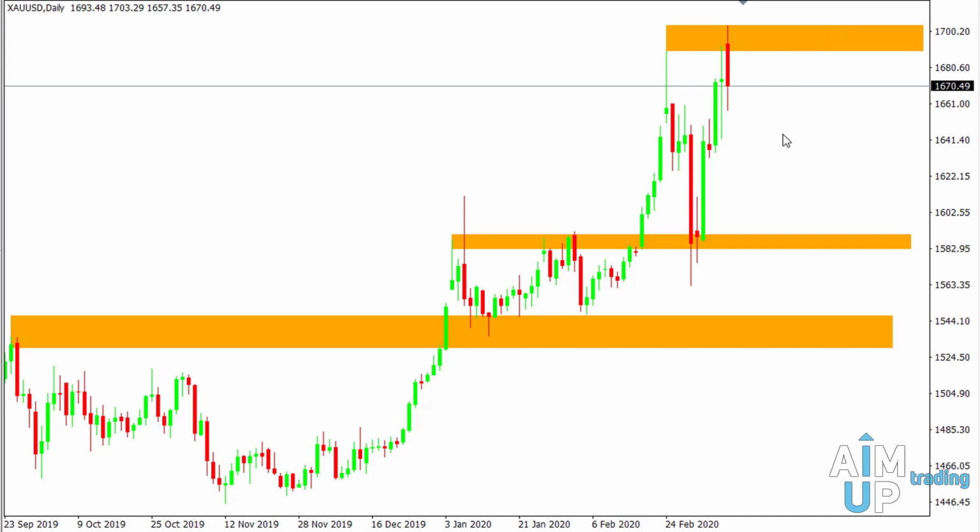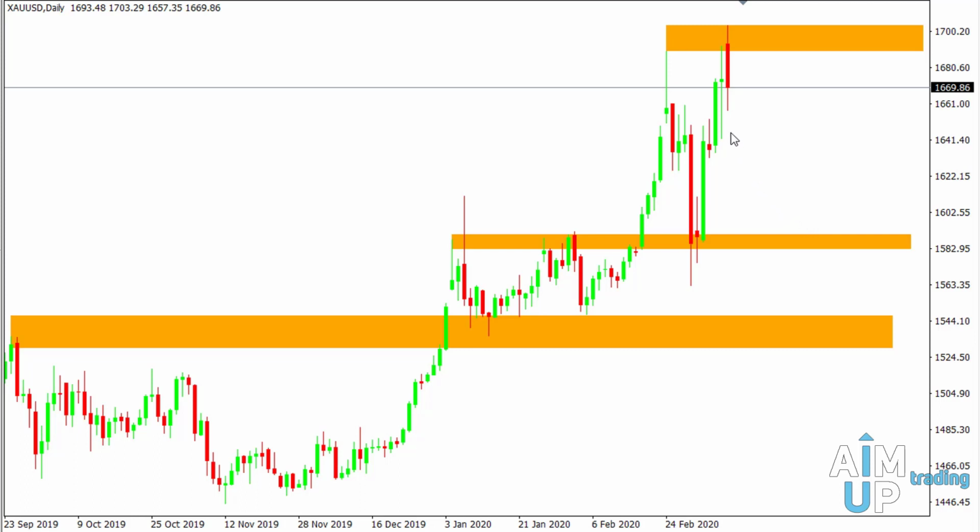Guys, if you learn how to use those buffer zones, it's going to help you a lot. It's a very powerful tool that every trader must know and learn how to use in his favor. As we said, what we expect here is the price to probably come back and retest the previous buffer zone.